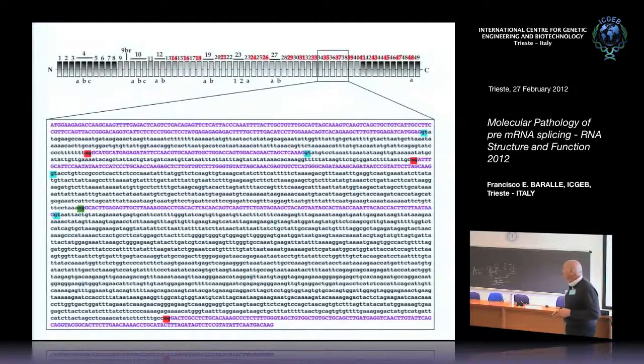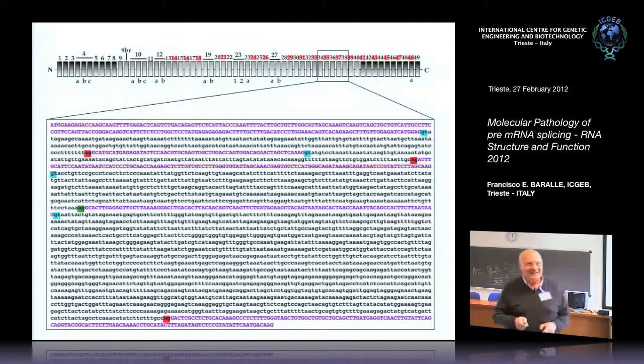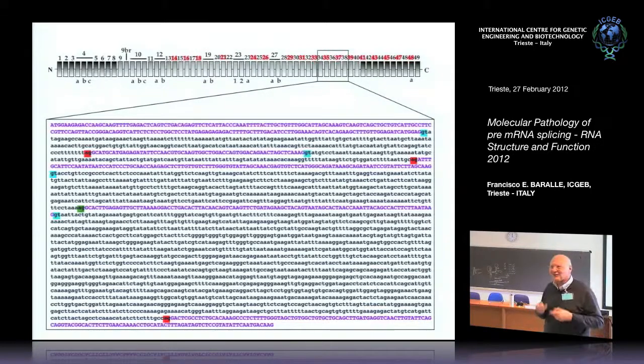All the others are wrong. Furthermore, this one here, in green, was not seen by the program, and actually is recognized 100% by the spliceosome. So the spliceosome is not only a work of art, up to now it is smarter than the computers, or rather, our knowledge is limited, not the computer.